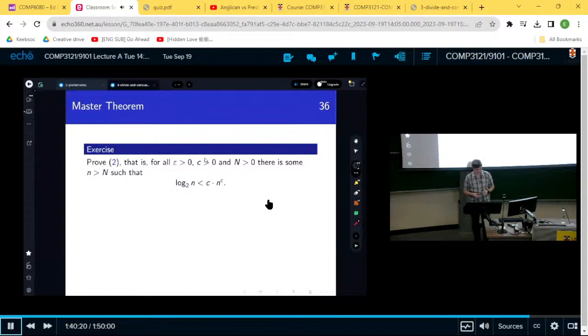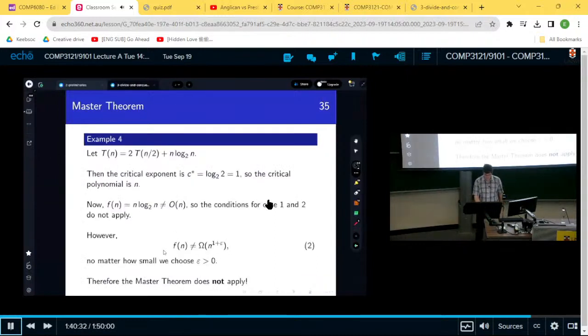So here's an exercise. Prove the statement here: that no matter how small we choose this epsilon, n log n will not be big omega of n plus n to the power 1 plus epsilon.